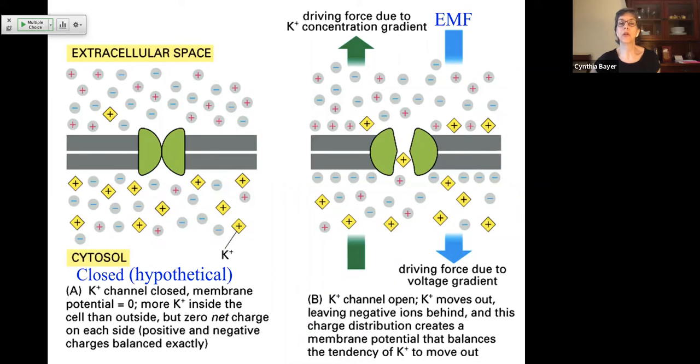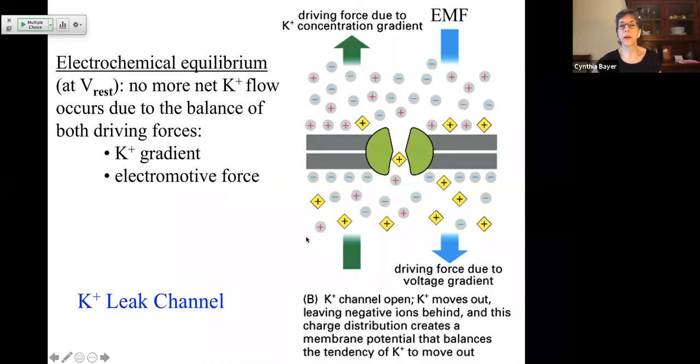Prevents too many potassium ions from diffusing out. And so these opposing forces of concentration gradient driving potassium out, electromotive force preventing potassium ions from moving out, lead to an equilibrium, an electrochemical equilibrium.